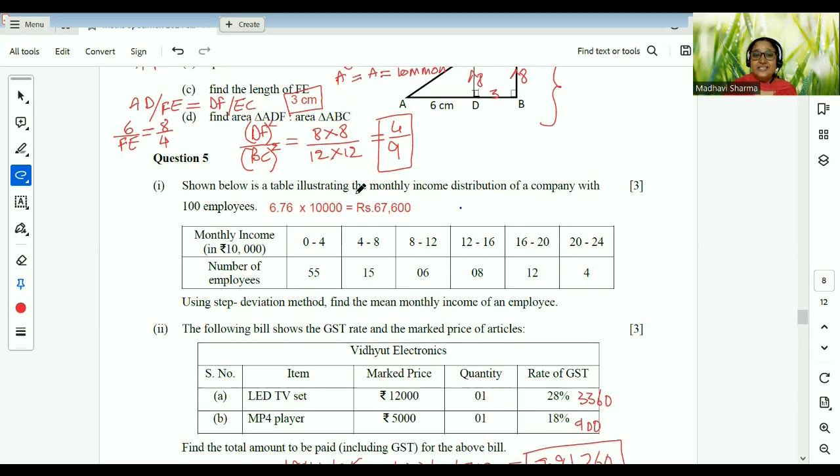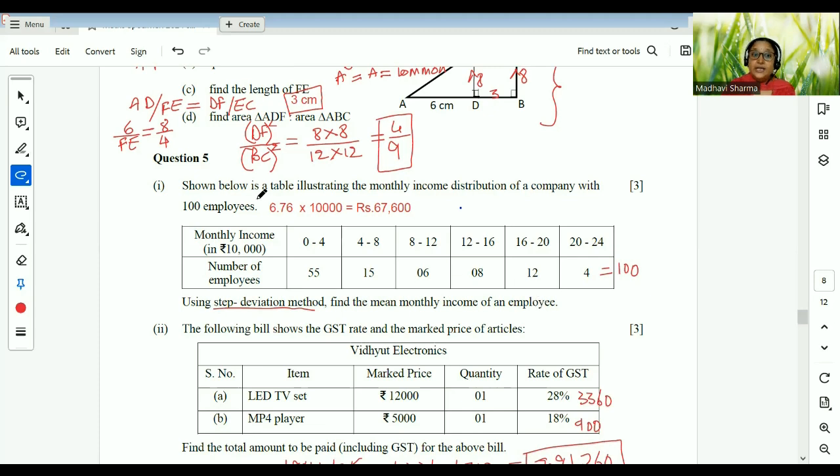Shown below is a table illustrating the monthly income distribution of a company with 100 employees. So this total number of employees is 100. Yes. Monthly income in 10,000s. Yes. So this is 40,000, 80,000, 24,000, like that. Using step deviation method, find the mean monthly income of an employee.